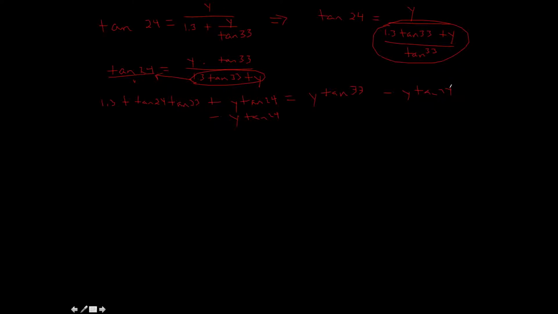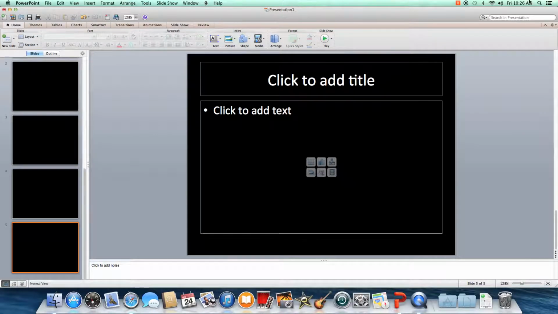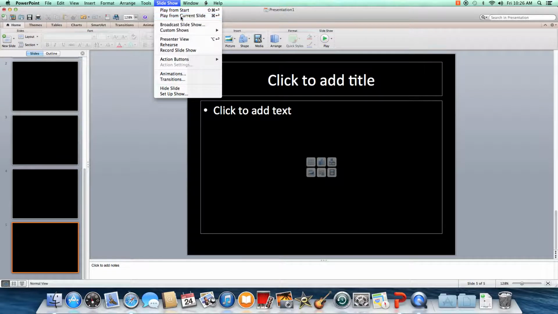So we have 1.3 tangent 33 times tangent 24 equals y tangent 33 minus y tangent 24. Okay? So we're still solving for y.